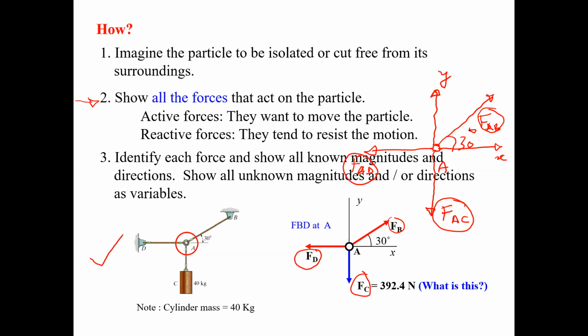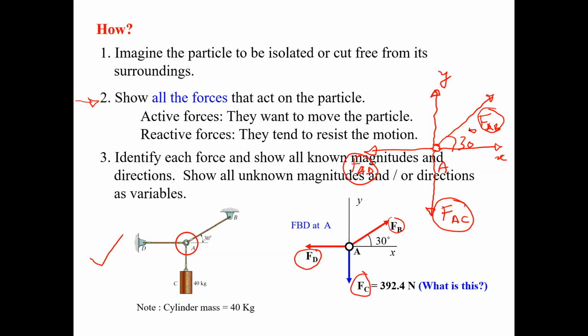Now, next thing, what are the known forces, right? So we know that this cylinder at point C is hanging down. So this is creating a tension in the cable AC, right? So we know what is the force FAC, or FC. So we can just find that, right? How do we find that?